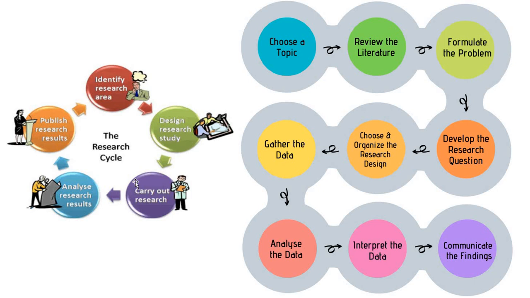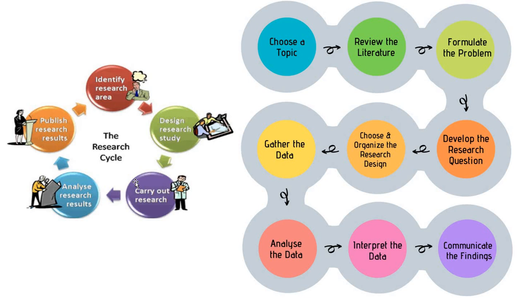First, identify the research area, choose a topic, review the literature survey and formulate the problem. Next, designing a research study covers formulating the problem, developing the research questionnaire, and organizing the research design.